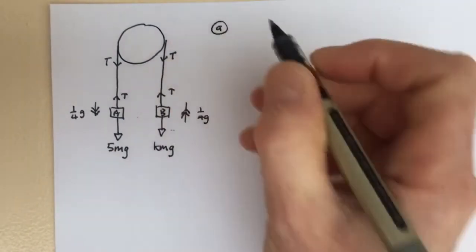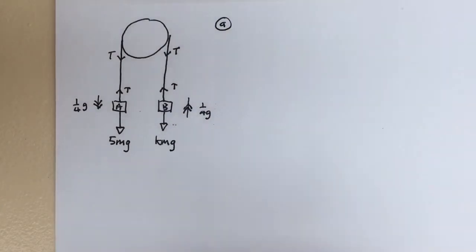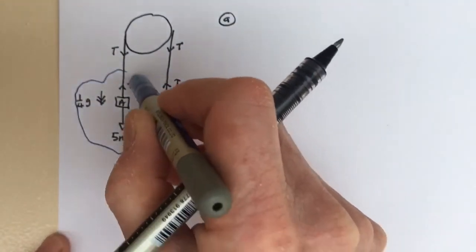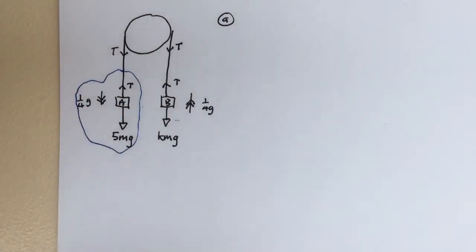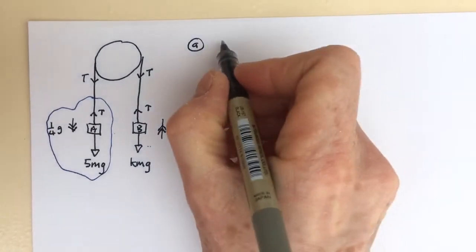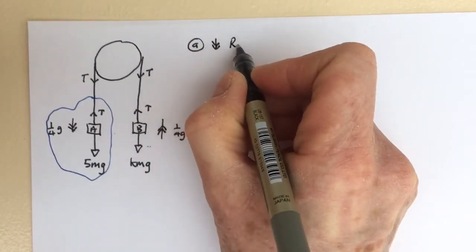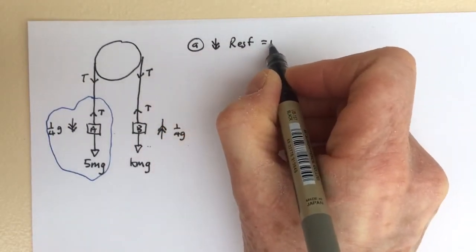So for part A, I'm looking for the tension in the string as A descends. So I effectively snapshot what's going on for particle A, and I do Newton's second law. I'm resolving downwards because it's moving downwards. So resultant force is equal to ma.